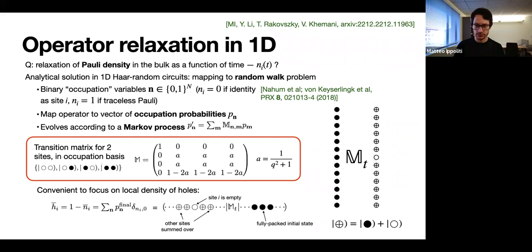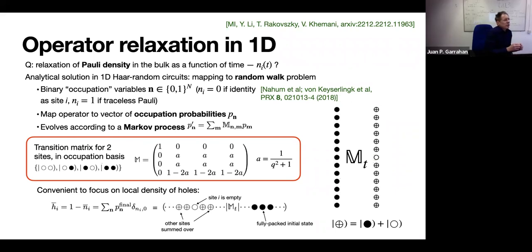Some things are known, and some things are known not in this context of the brickwork circuit, but in the context of a lattice evolving either with Monte Carlo, the discrete or continuous time Markov dynamics. And some results are known rigorously, like why you have a ballistic front, the speed of the ballistic front, and the fact that once the front passes, the thing that is left behind equilibrates in the classical stochastic sense.